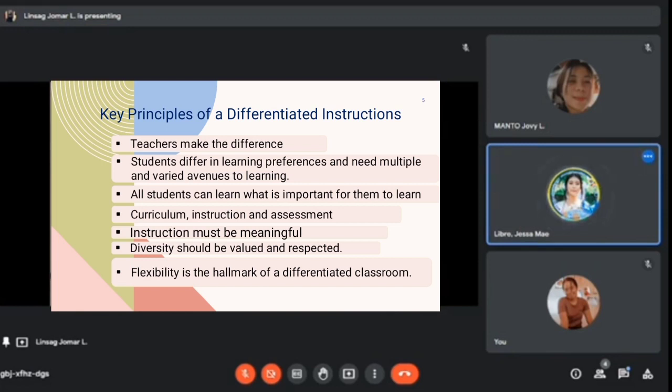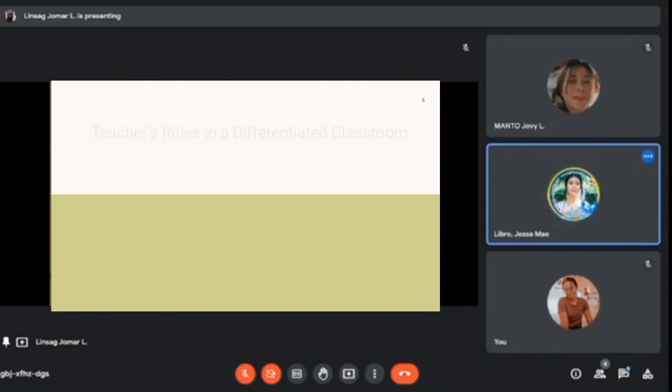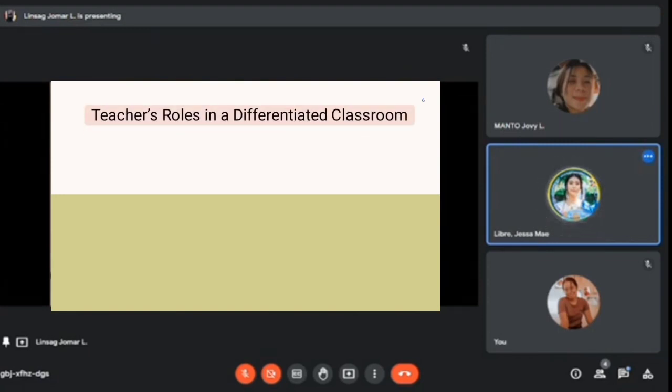In a differentiated classroom, students work in many patterns. Sometimes they work alone, sometimes in pairs, and sometimes in groups. So let's proceed to the teacher's role in a differentiated classroom.